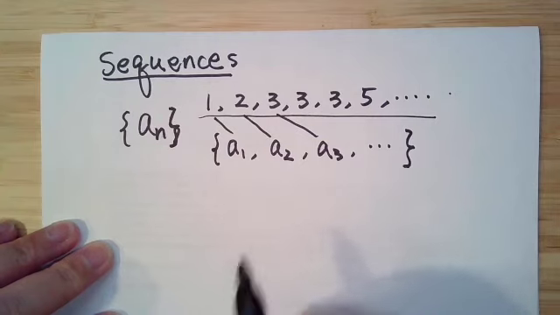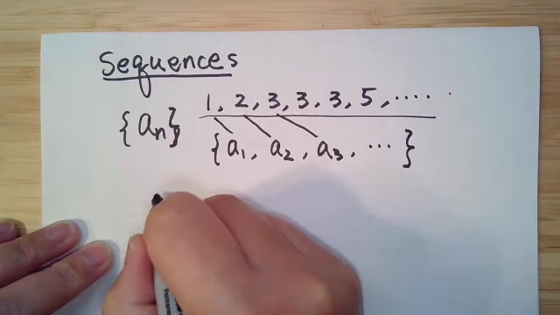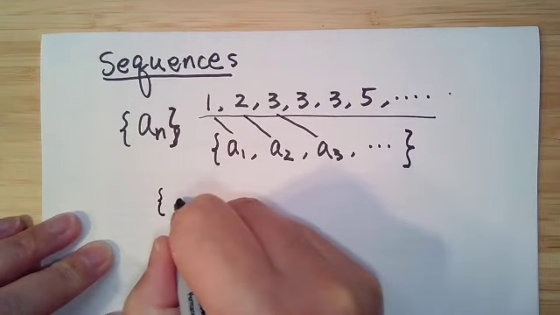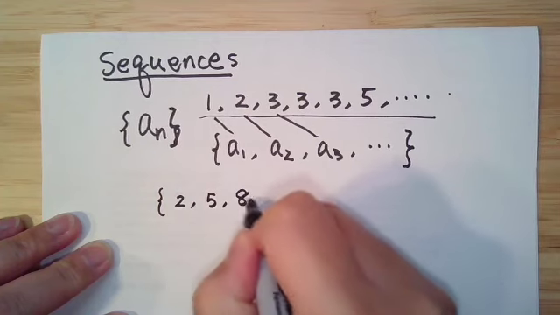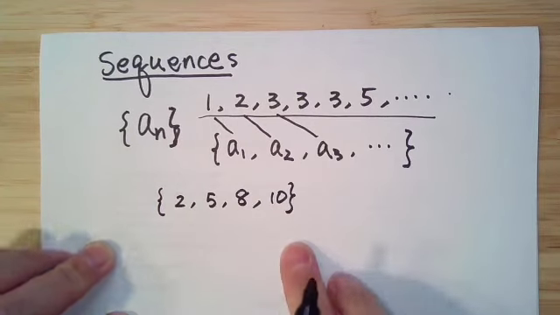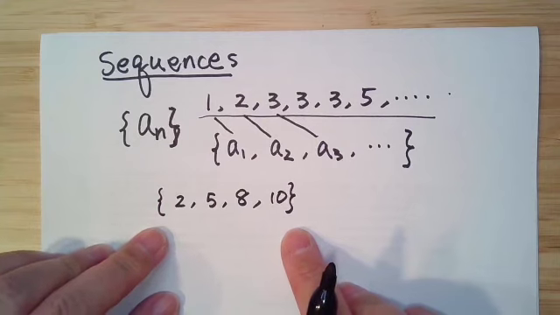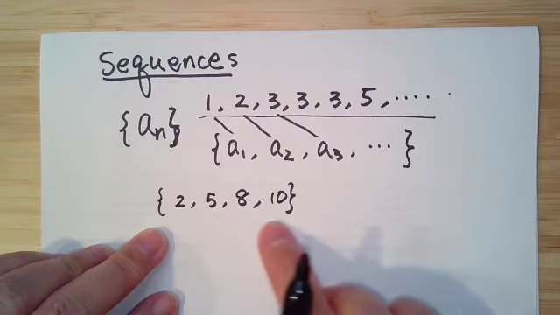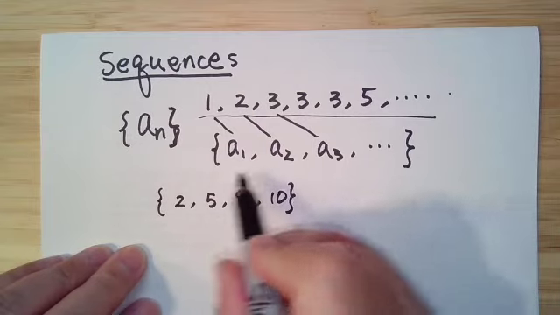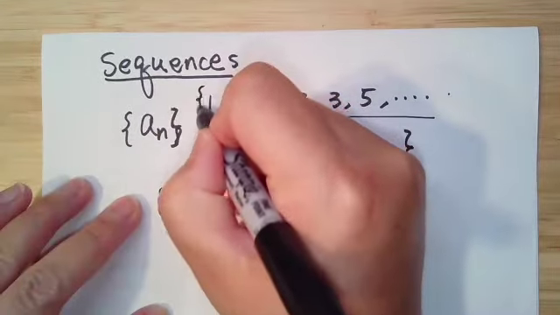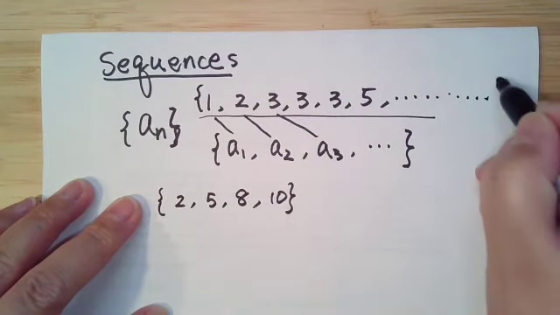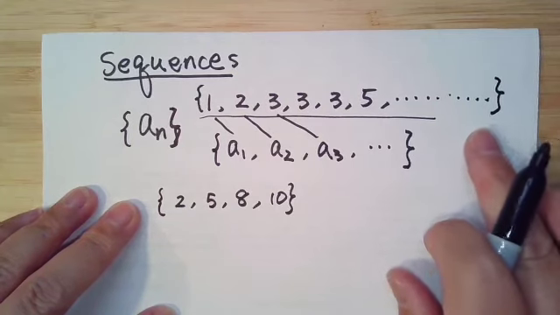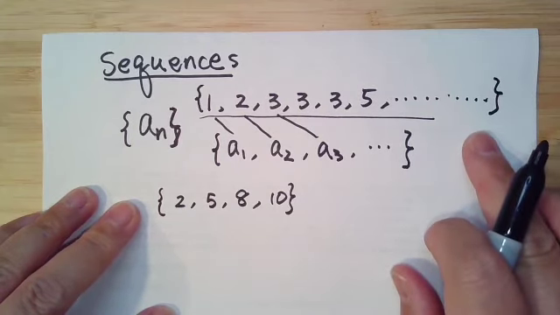If we have a finite number of numbers, for example 2, 5, 8, 10, we call this a finite sequence. A finite sequence has a limited number of numbers. And if I put 1, 2, 3, 3, 3, 5, comma, and all those dots, it keeps going forever non-stop, we call that an infinite sequence.